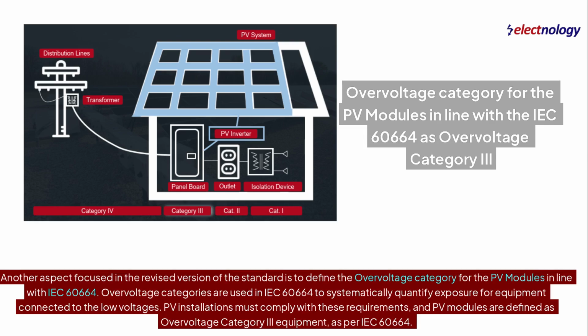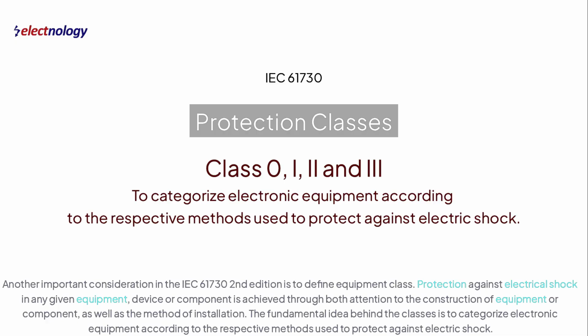PV installations must comply with these requirements, and PV modules are defined as overvoltage Category 3 equipment, as per IEC 60664. Another important consideration in the IEC 61730 edition is to define equipment class. Protection against electrical shock in any given equipment, device or component is achieved through both attention to the construction of the equipment or component, as well as the method of installation.